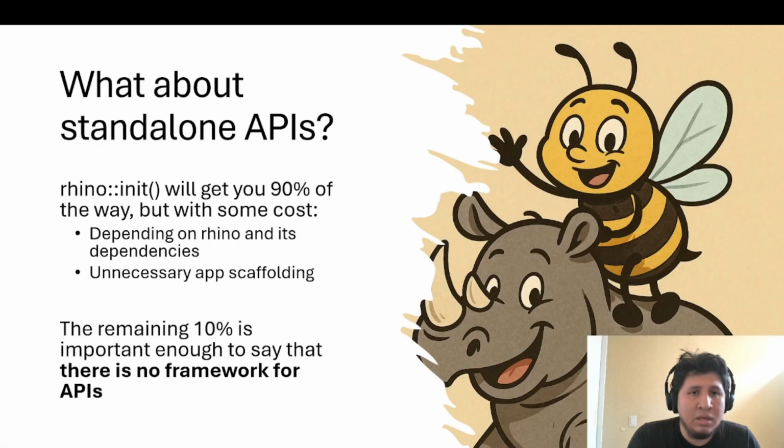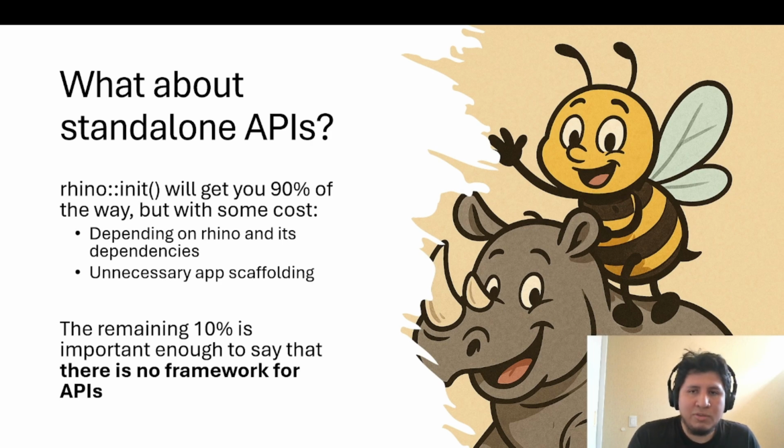monorepo. So what about standalone APIs? Just using Rhino init will get you 90% of the way, as you saw before, but it will add some cost to your development. You will depend on Rhino and all of its dependencies, and this might not be necessary for your API, correct?